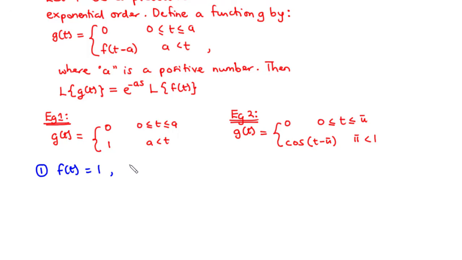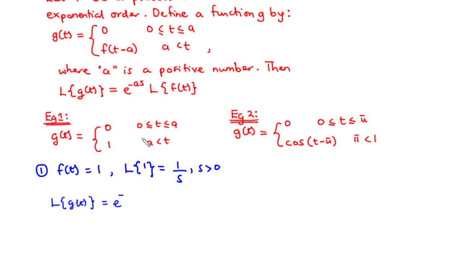And then the next thing is to find the Laplace transform of that function. The Laplace transform of 1 is equal to 1 over s, where s is greater than 0. Now in that case, we know that the Laplace transform of the function given, which is g of t, is equal to e to the power negative as.